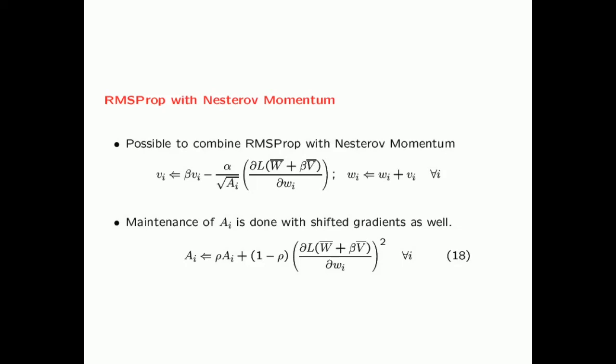When calculating AI, you take rho AI plus 1 minus rho multiplied by the partial derivative of the loss function with respect to Wi, except that this partial derivative is computed using a look ahead. You're doing it at W plus beta V. That is because this momentum portion of the velocity is going to get added to the weight vector in the current step anyway.